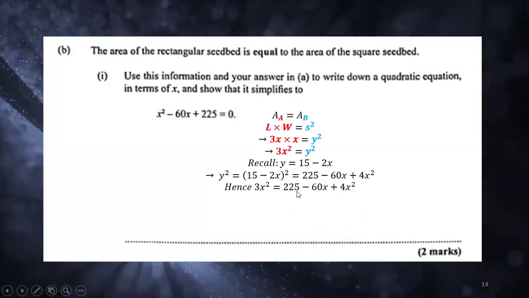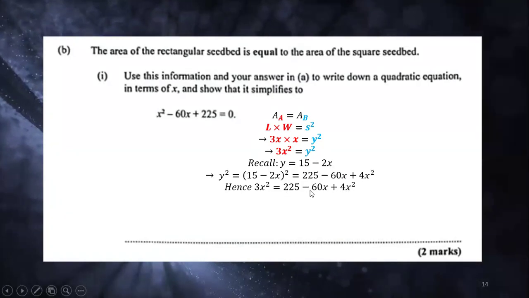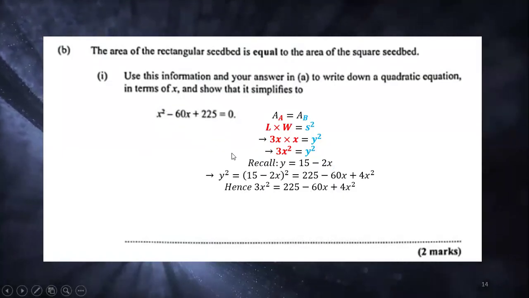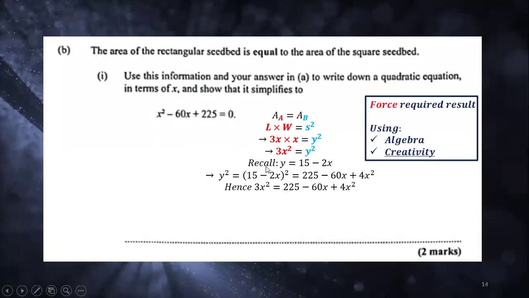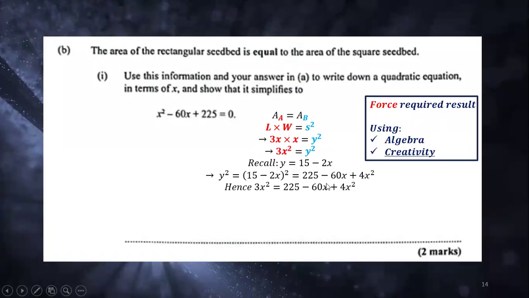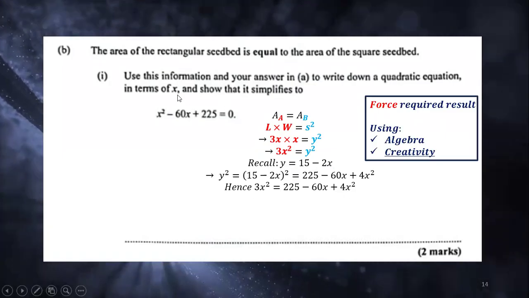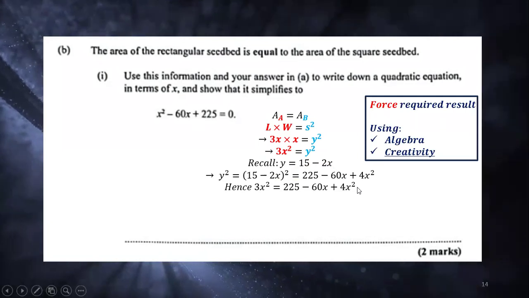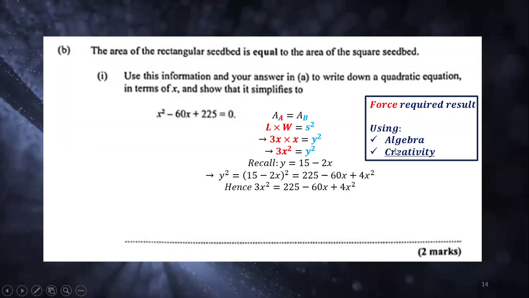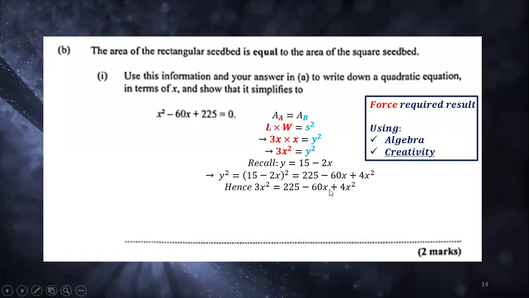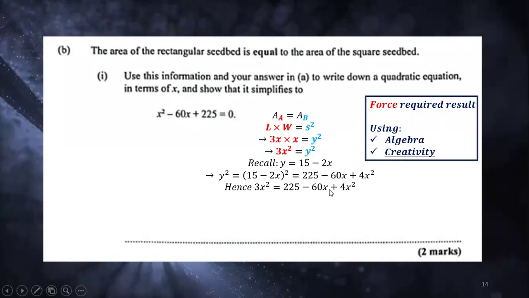At this point, you realize that this kind of resembles this. So what you have to do is use your algebra and creativity to force this result to look exactly like this. Use your observational skills and some technical mathematical know-how.